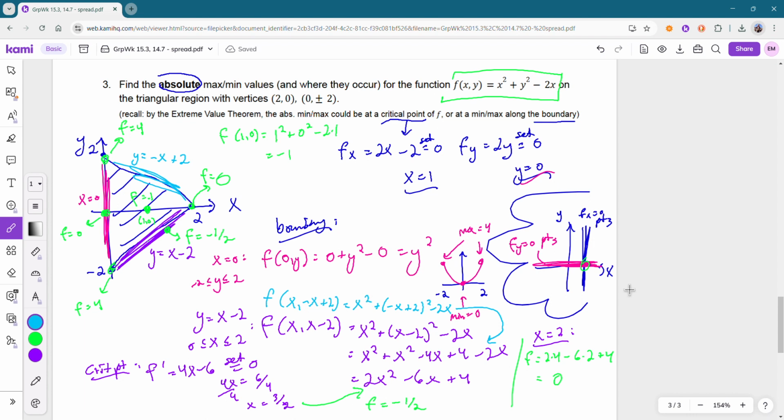So we have a mirror image. And once again, our critical point of interest is going to be over 1.5 and give us a function value of -1/2 there.